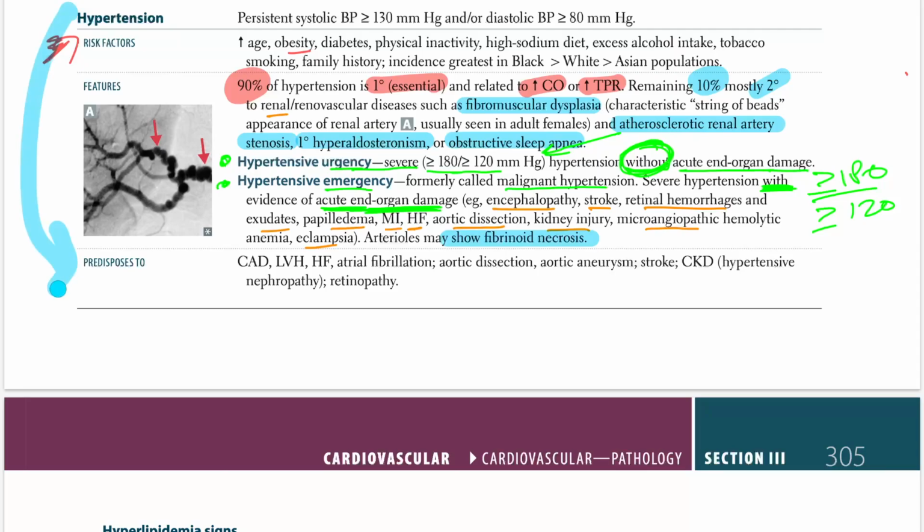So hypertension is going to predispose to coronary artery disease, left ventricular hypertrophy, heart failure, AFib, aortic dissection, aortic aneurysm, stroke, CKD, which is hypertensive nephropathy, or retinopathy.